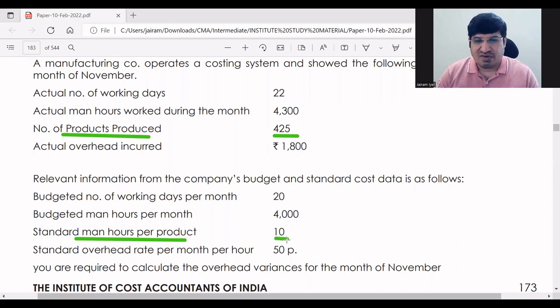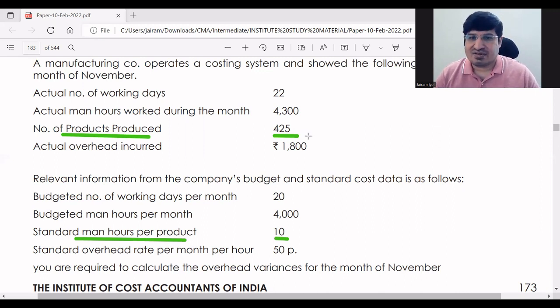ठीक है, so if I multiply standard man hours per product into actual number of products, I will get what? 4250. Okay, so what is 4250? Standard hours for producing the actual number of products. ठीक है, 4250 will be standard hours for producing the actual number of products.